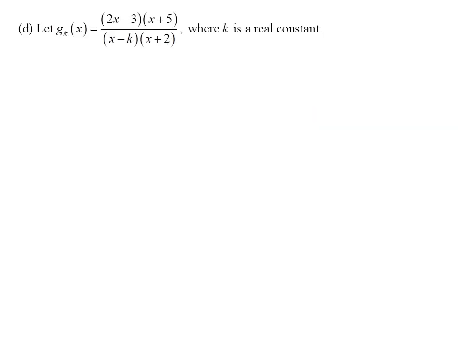In part D, a parameter k is added to function f of x. The new function g sub k of x equals the ratio of the product (2x minus 3) and (x plus 5) to the product of (x minus k) and (x plus 2), where k is a real constant.